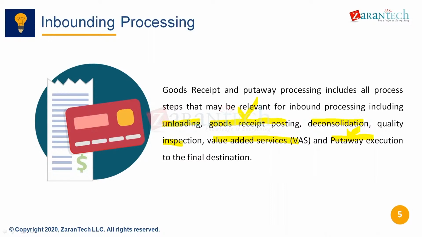For a typical warehouse, you can have process-relevant steps like labeling, marshalling, repacking again, and greasing before you put parts into the bin.